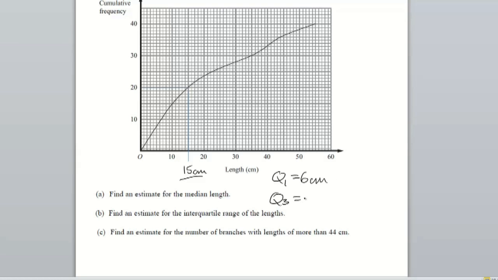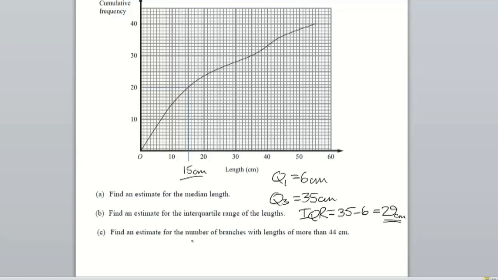Q3, the upper quartile, 75% of the way across, which is 30 branches. Read where that corresponds to, that's 35. So the interquartile range, which is 35 minus 6, 29 centimetres.